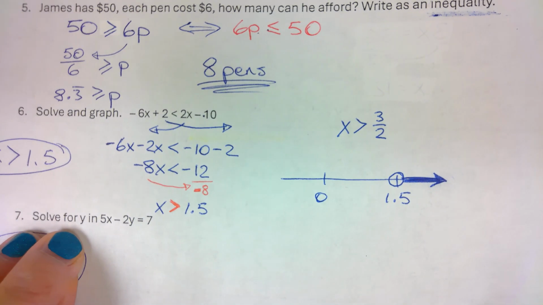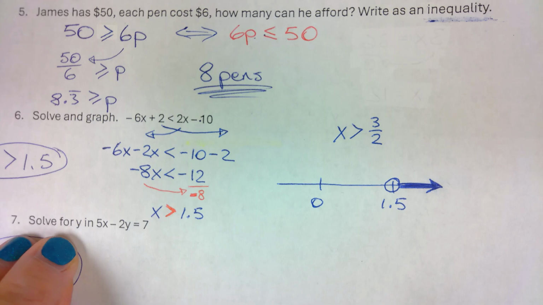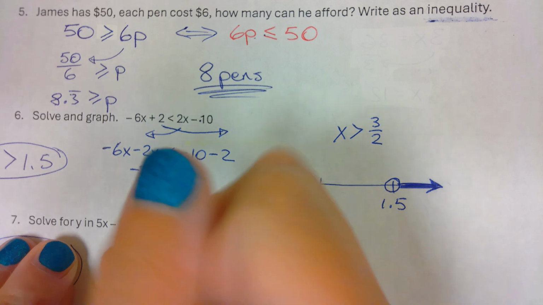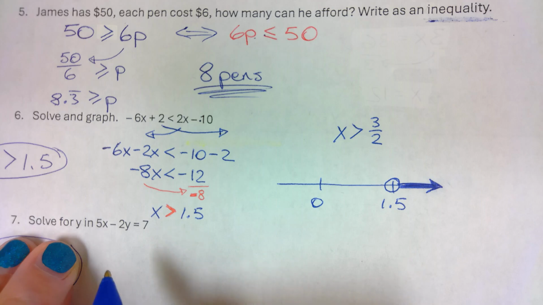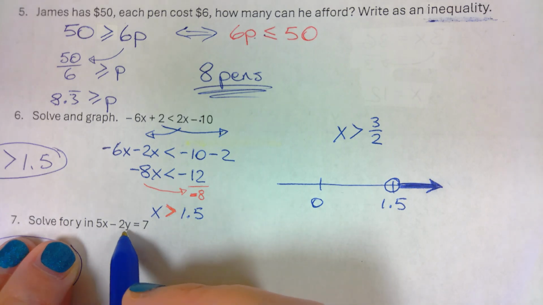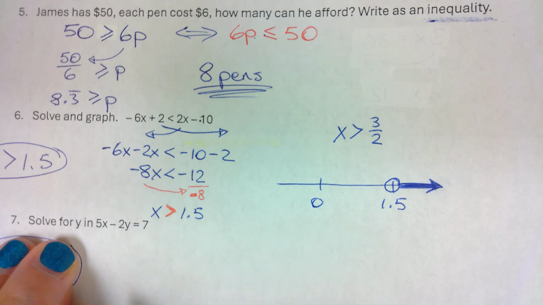Okay, and then for the last question right here, solve for y in 5x minus 2y equals 7. So I want y by itself. So remember the last lesson that we had last week or on Monday is that we want to solve for y, but there's an x and y. So your final answer, you're not going to get a number answer because we don't know what x is.